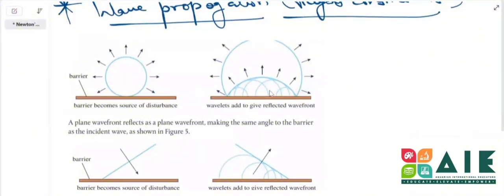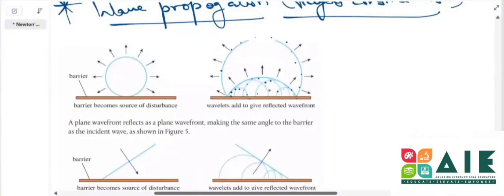So what I am telling is that every wavefront, the points that are lying on this line are nothing but wavefronts. Here also lie wavefronts. Understood?